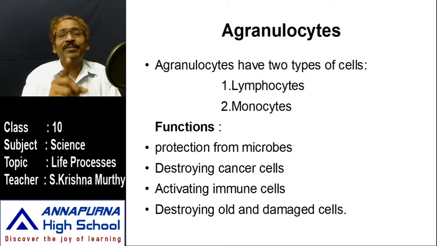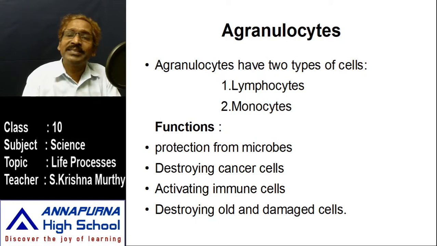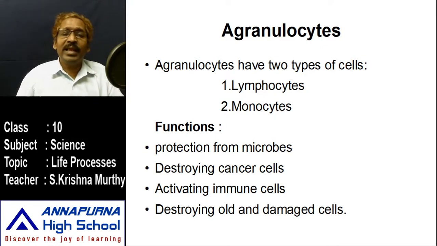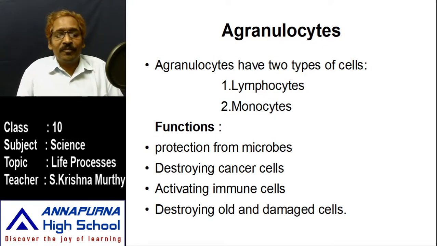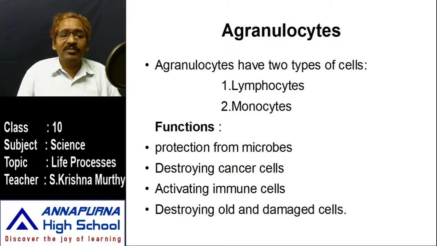After the death of RBC and WBC, they should be destroyed and decayed and sent out, with agranulocytes alone doing it. Mainly agranulocytes are activated on them and turn them into some kind of waste material, and that waste material is collected by liver cells and sent out. So agranulocytes play a major role in the elimination of waste material and the destroying of old and damaged cells.